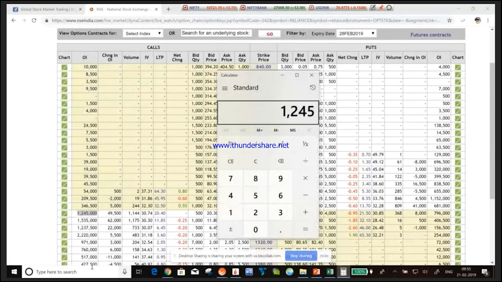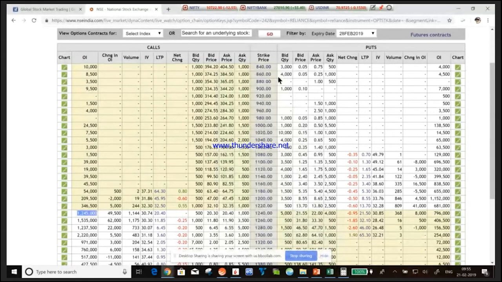You get 2490. So that is the open interest. That is, that many contracts are open in the current market for 1240 strike call option. Is that clear?